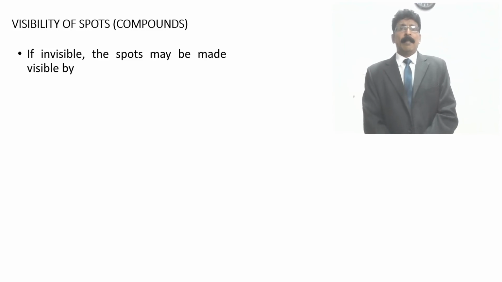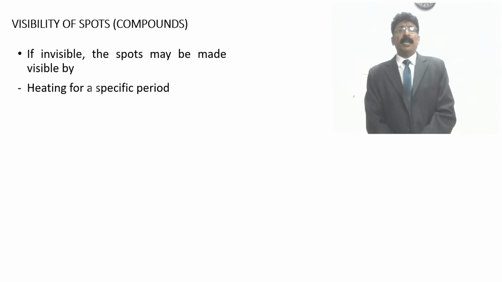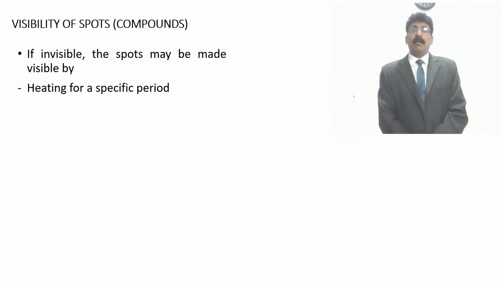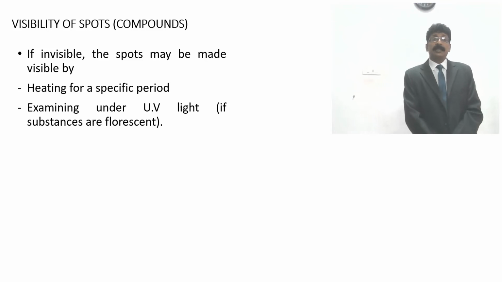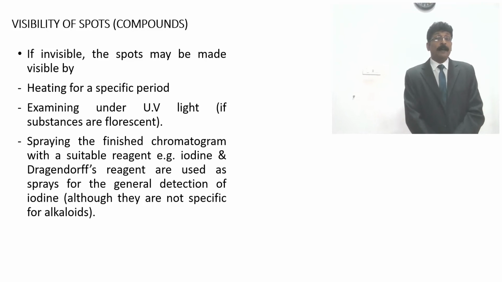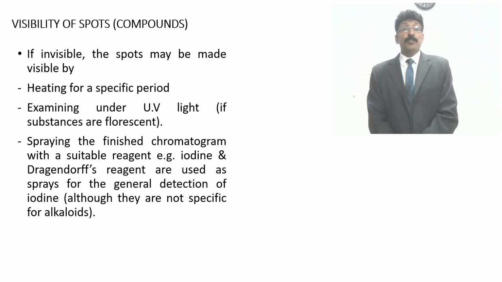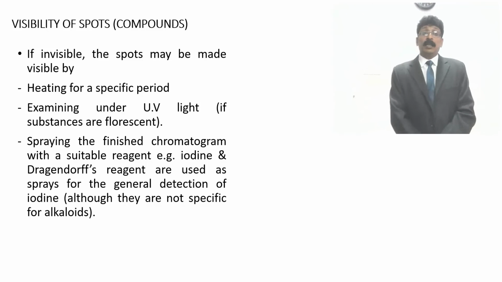the Rf value for qualitative estimation, and quantitative estimation can be done in TLC. Spots can be made visible by heating for a specific period of time, by examining under UV light if the substances are fluorescent, or by spraying the finished chromatogram with a suitable reagent, for example iodine or Dragendorff's reagent used for general detection.